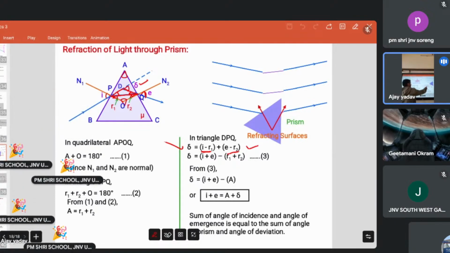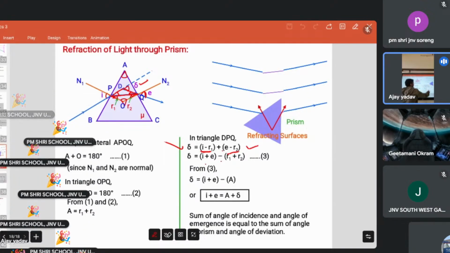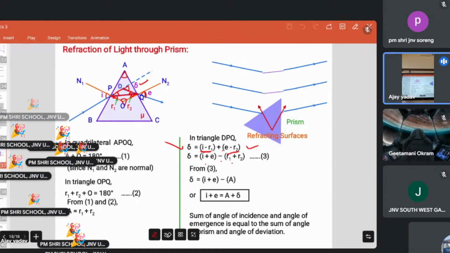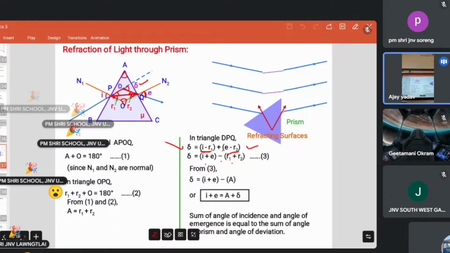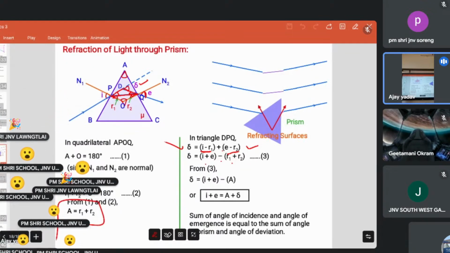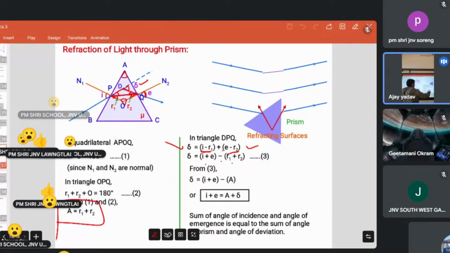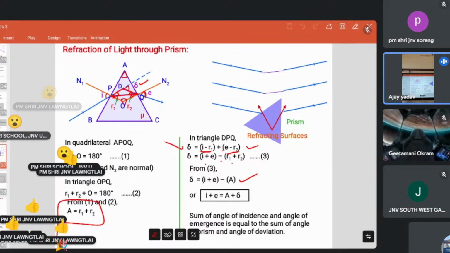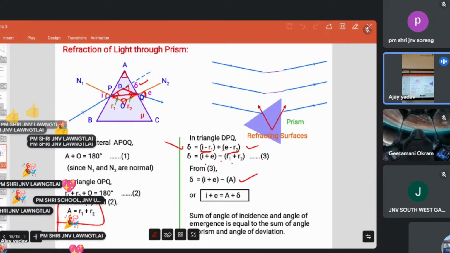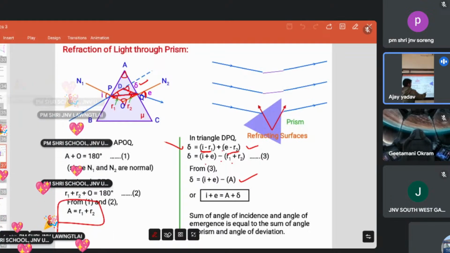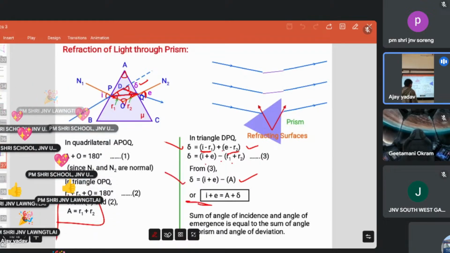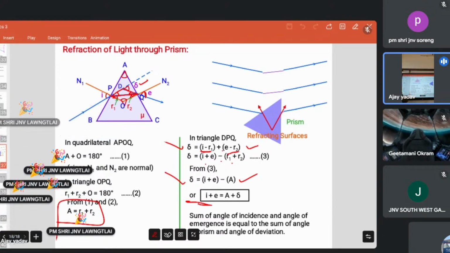So we write i plus e minus the common r1 plus r2. In place of r1 plus r2, we can write A. So delta equals i plus e minus A. This is the angle of deviation, and this relation you have to remember.